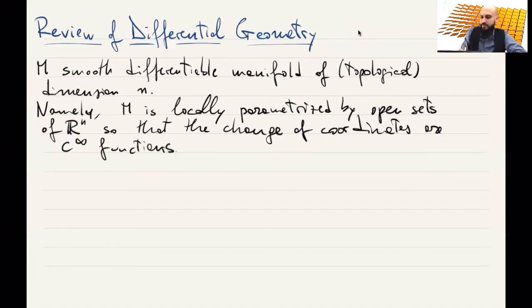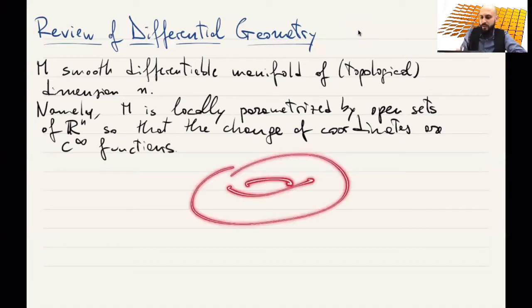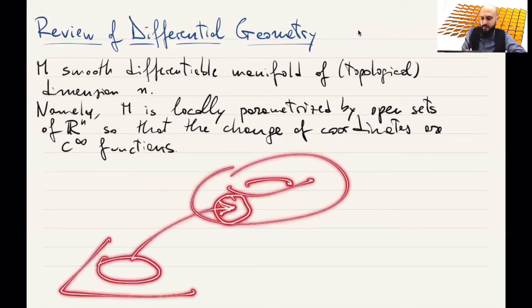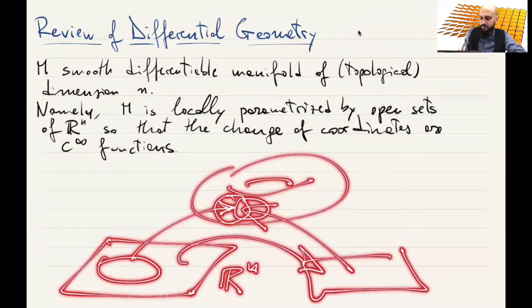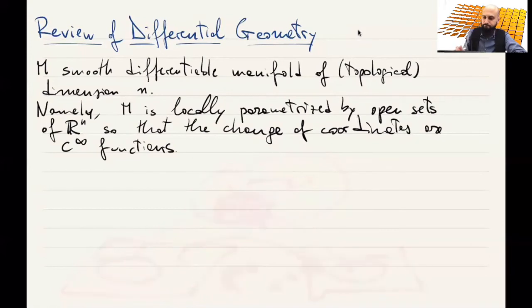So the picture is that we have an object, and then for every point we can take neighborhoods and parameterize them with open sets from Rn, and then these maps, called charts, when they intersect, the change of coordinates from one chart to the other one is a smooth C-infinity function between open sets of Rn.